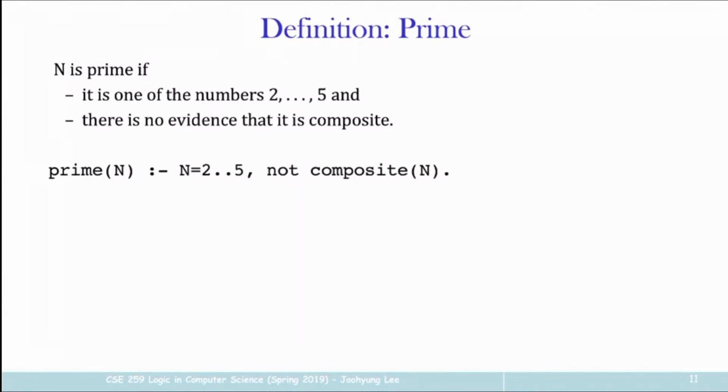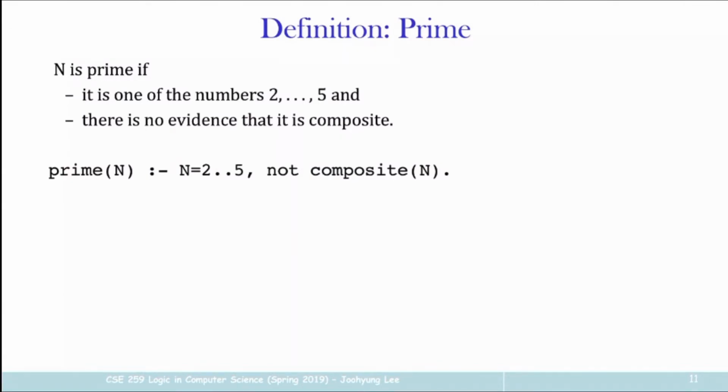By definition, a prime number is one of the numbers 2 to 5, and there is no evidence that it is composite. What is a composite number? A number that has factors other than itself and 1. Right. So this definition here is actually using composite.